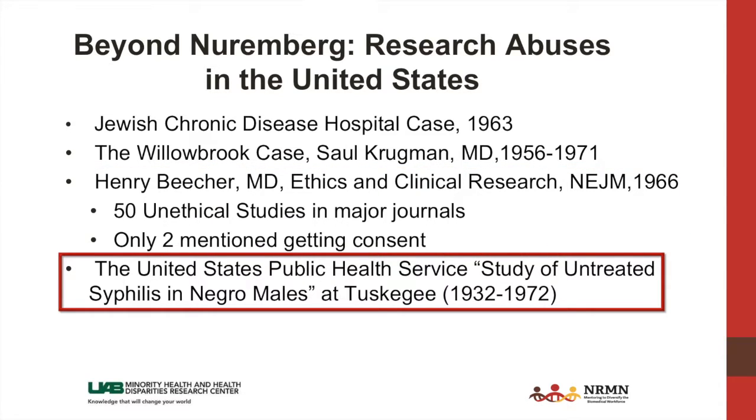And of course, the last one that I'd like to call attention to is the United States Public Health Service study of untreated syphilis in the Negro male at Tuskegee, Macon County, Alabama. That study went on for 40 years, from 1932 to 1972.